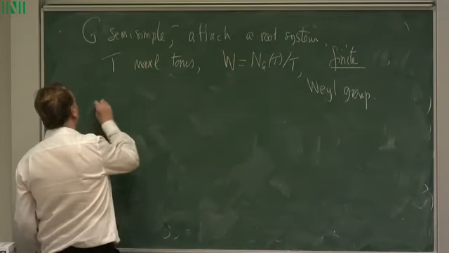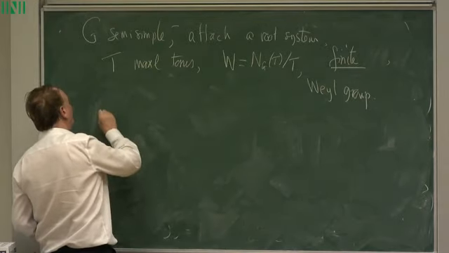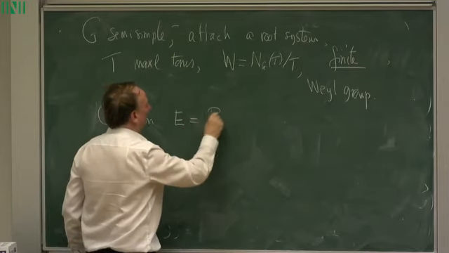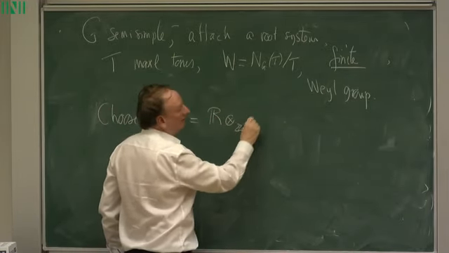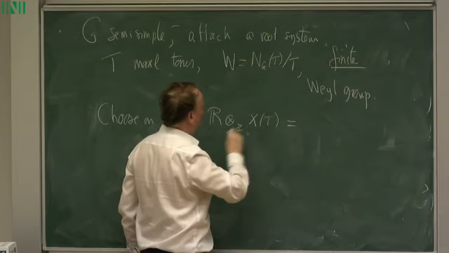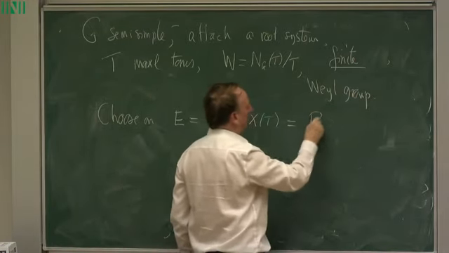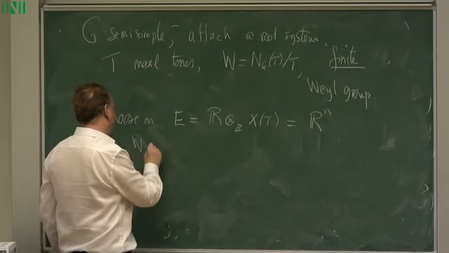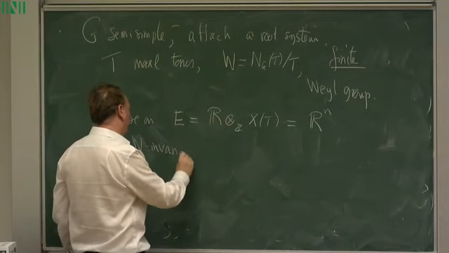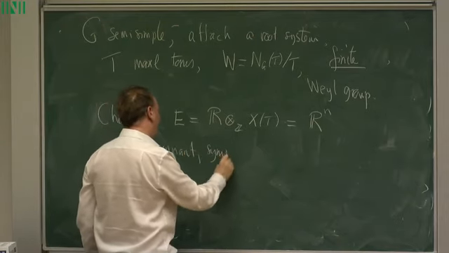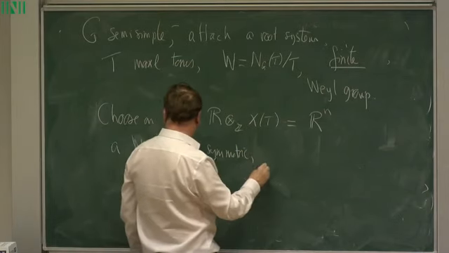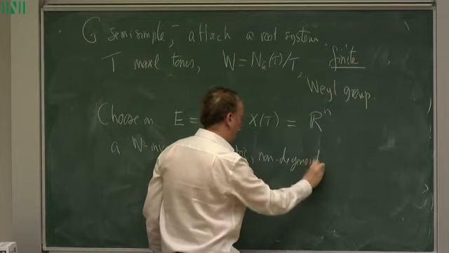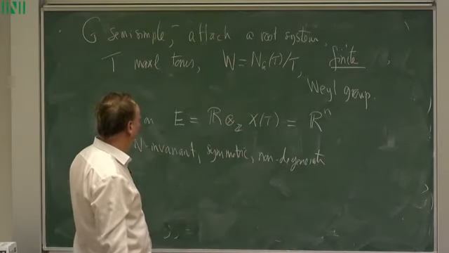Well, we have the Euclidean space. Well, not yet. We choose on E, which is R tensored with X(T), so that's free. This was a free abelian group, so this is some R^n. A W-invariant, symmetric, non-degenerate, have I left anything out?